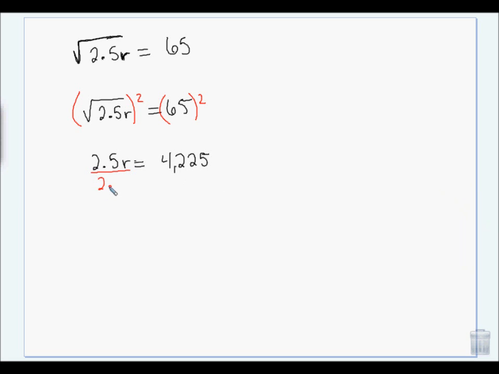Divide both sides by 2.5. And you get r is equal to 1,690.